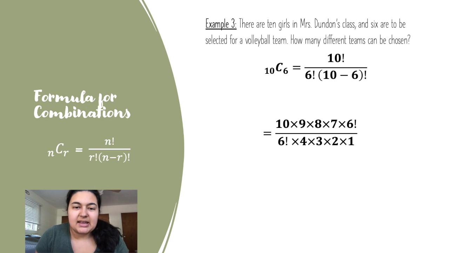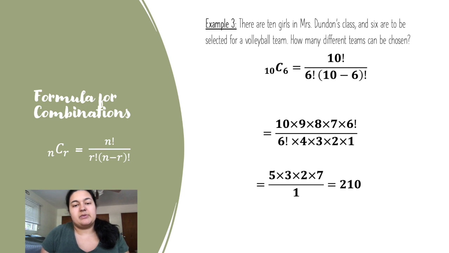It looks like I can cancel that 8 out with that 4 and 2 on the bottom, and then that 3 can go into that 9, which will be 3 on top. So that leaves me with 5 times 3 times 2 times 7, and then that is all over 1. 5 times 3 is 15. 15 times 2 is 30. 30 times 7 is 210.